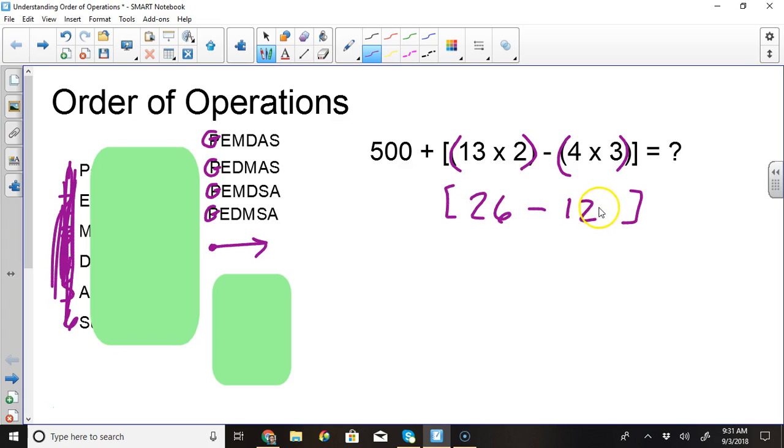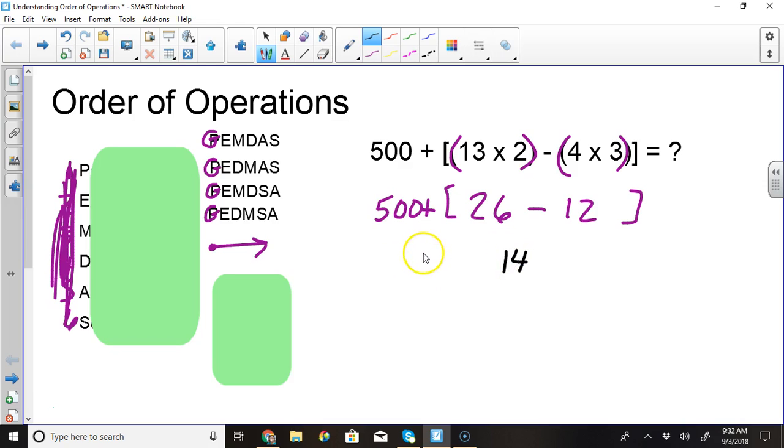Notice I did not write the parentheses, because I've already done what's inside the parentheses, so they're pretty much not there anymore. We don't have to write them again. Now let's do the brackets, right? Because brackets are the next grouping symbol that we see. So 26 minus 12 is 14.